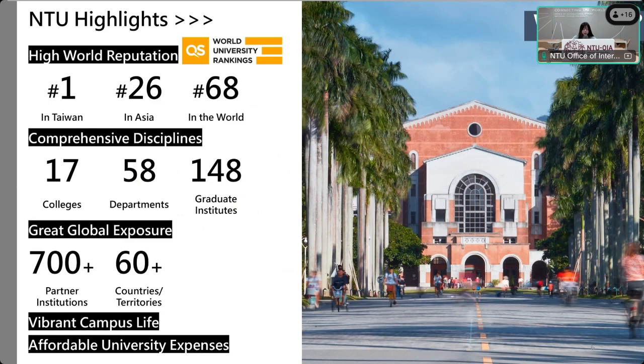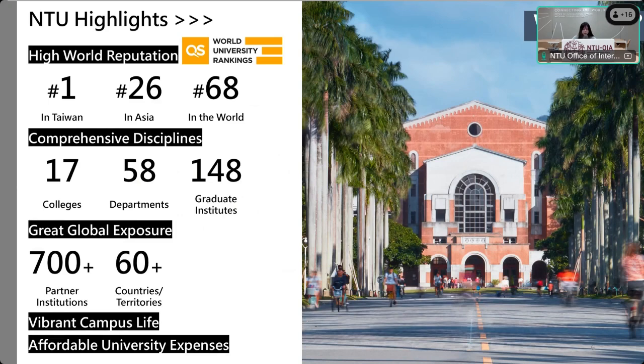We also strive to establish more connections. We have a lot of partner institutions around the globe. These partner institutions create a lot of different study abroad opportunities. Later on, I will mention more details. We also have a really vibrant campus life with a lot of student associations, clubs, and sports teams for you to join.